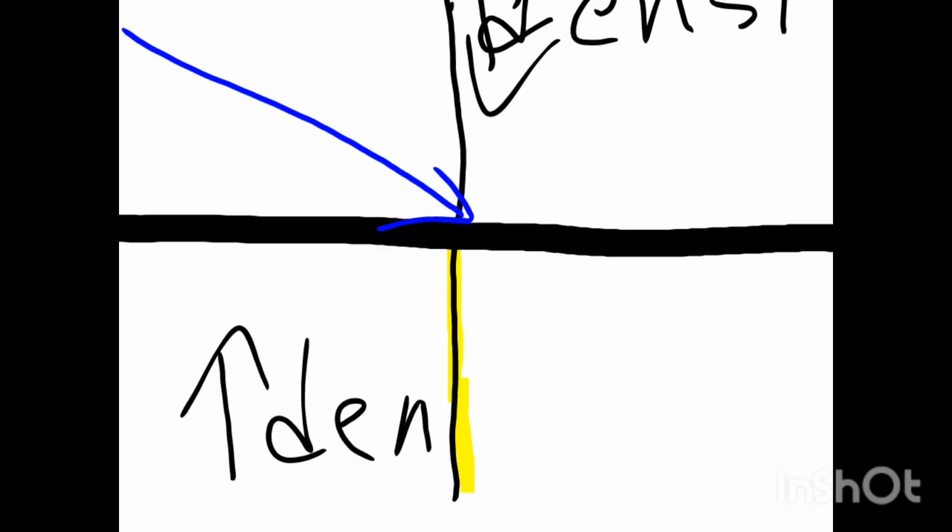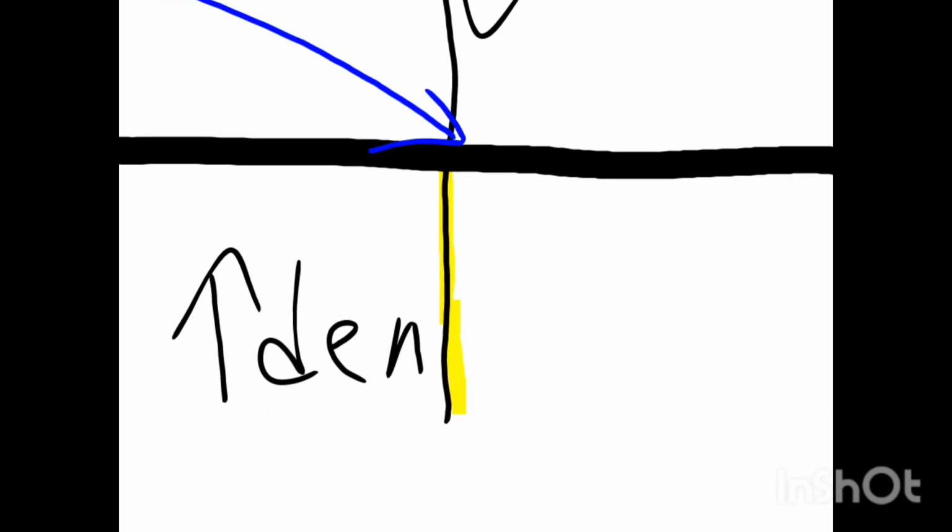Remember, when it was traveling from a more dense region into a less dense region, the ray of light bent away from the line of normal. But this time, when the ray of light is traveling from a less dense medium to a more dense medium, it will bend towards the line of normal.